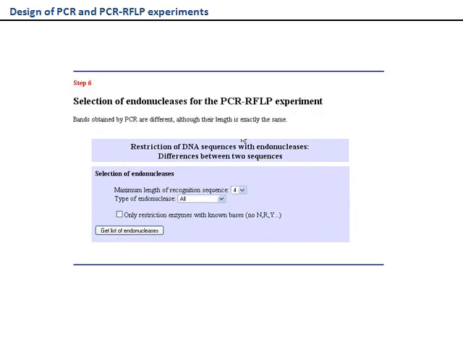A tool to facilitate this selection has been integrated in the exercise. The tool will test the ability of commercial endonucleases to digest the PCR amplicons obtained in the previous step, and it will show only those endonucleases which cut the bands from one strain or the other differently. Selection of endonucleases may be restricted based on the number of bases recognized by the enzyme.